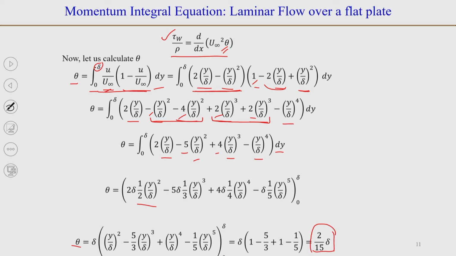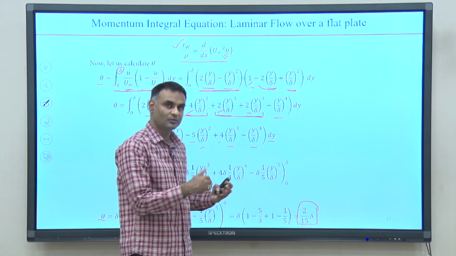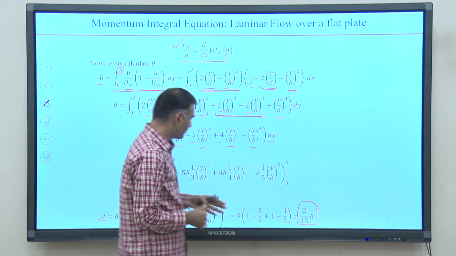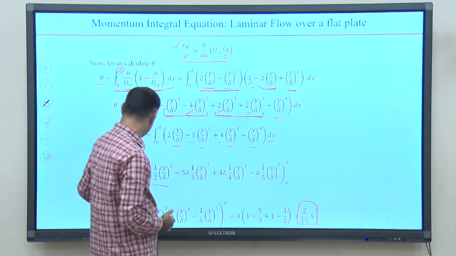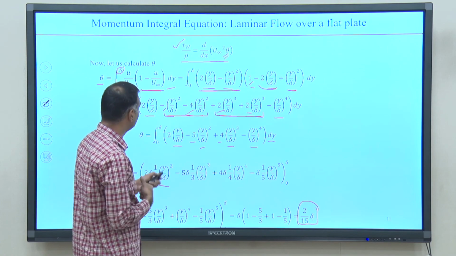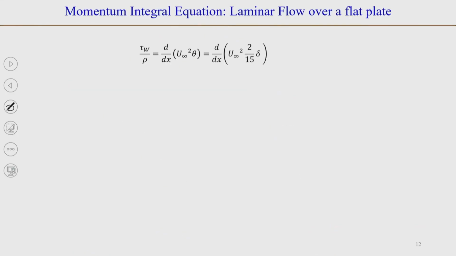So, remember we talked about how you can use the momentum integral equation to find the boundary layer thickness here. So, we can now replace theta in terms of boundary layer thickness. So, theta is equal to 2 by 15 delta, and we also have tau w, which is 2 mu u infinity by delta.